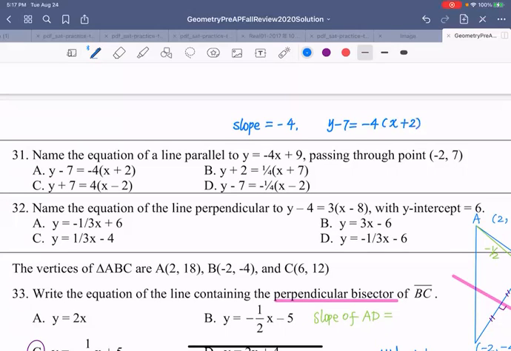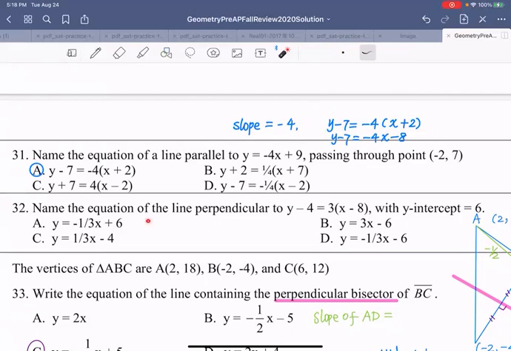There you go. So y minus 7 equals -4x minus 8, right? Yes. Okay. Well, they already give us this format, so we are looking for this one. A. Yes. All right.